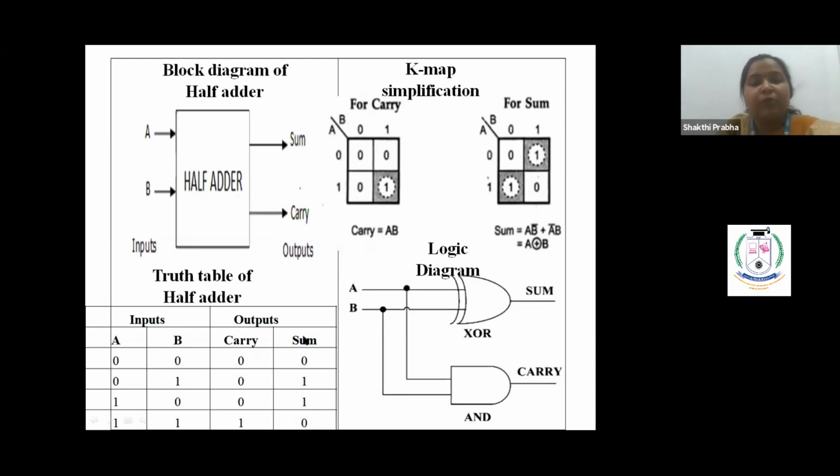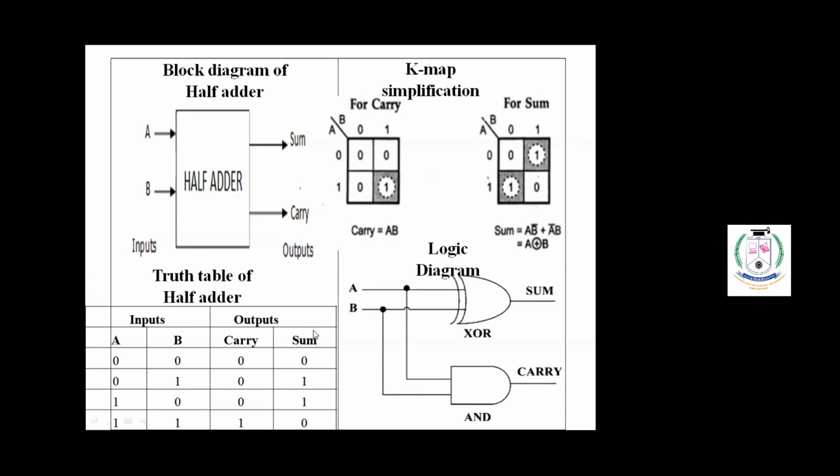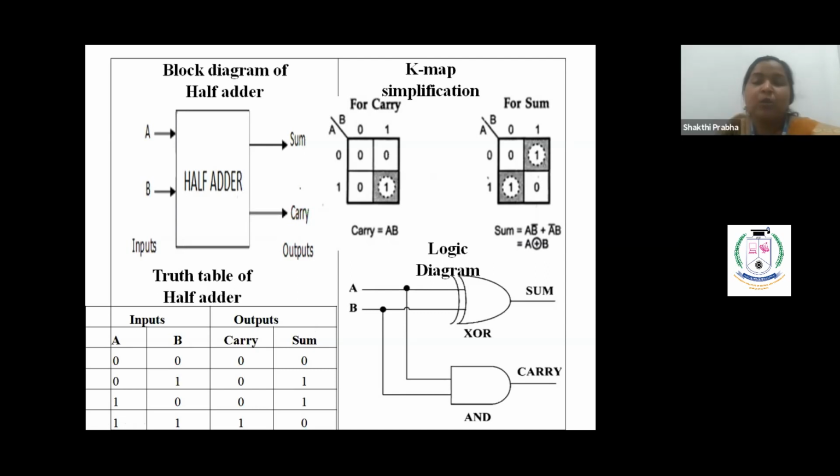Okay, so in terms of the truth table, you have done the binary addition. You got the output values for both sum and carry. So that is our second step completed. In step 3, once the output value is obtained, now we want to design what? A K map, right? For K maps, we have plenty of options like 2 variable K map, 3 variable K map, 4 variable K map, and so on. Now we want to choose which variable K map must be used for this truth table.